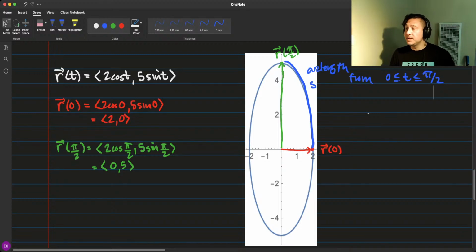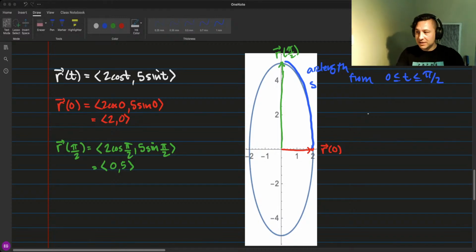Now, does anyone remember the formula for the circumference of an ellipse?